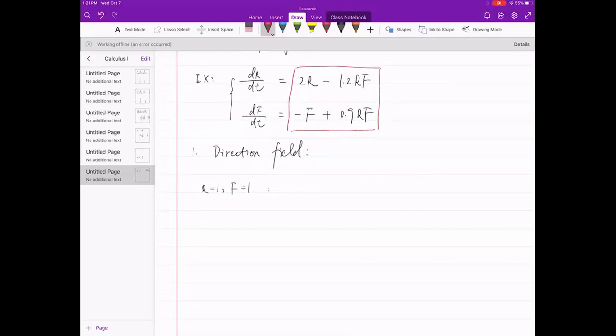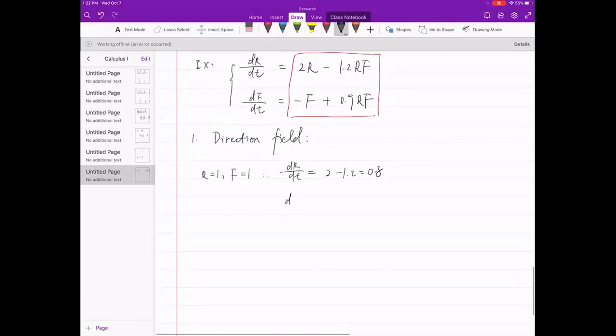What you have is dR over dt is 2 minus 1.2, which is 0.8. dF over dt equals negative 1 plus 0.9, which is negative 0.1.